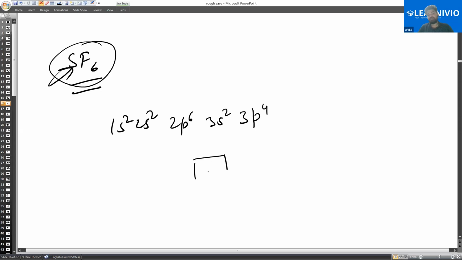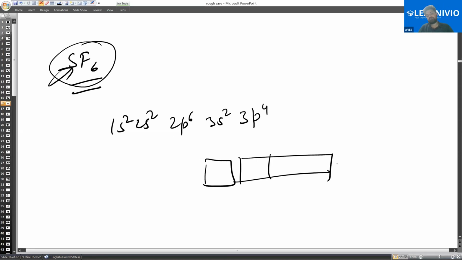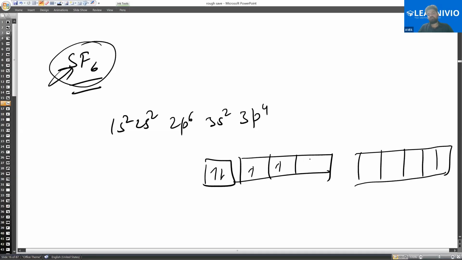So p has 3 orbitals, and then we have d orbitals.